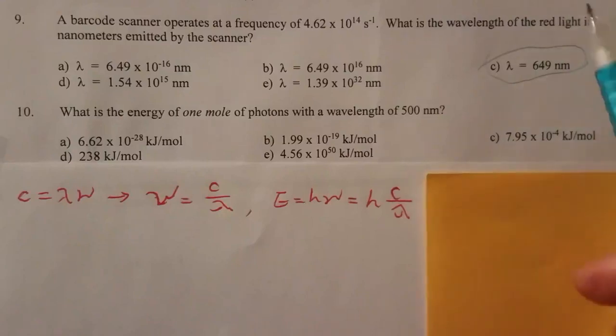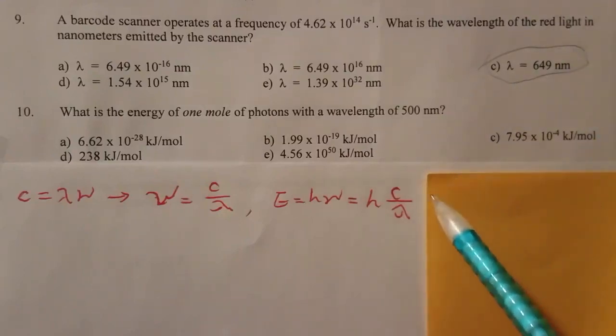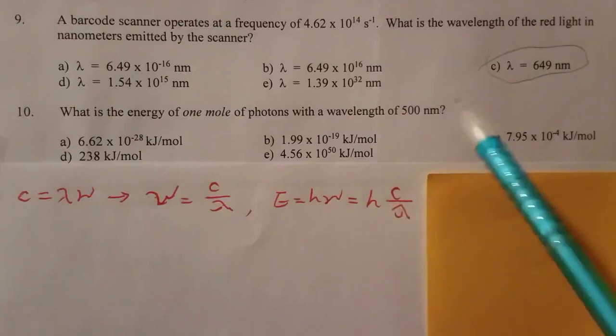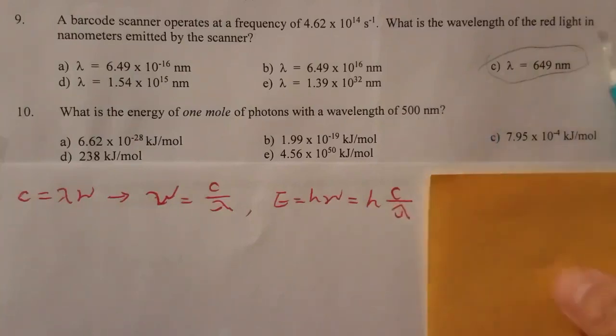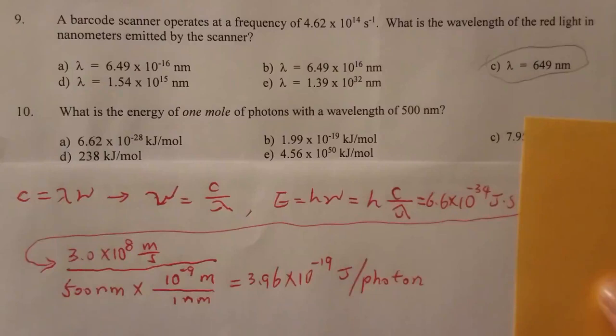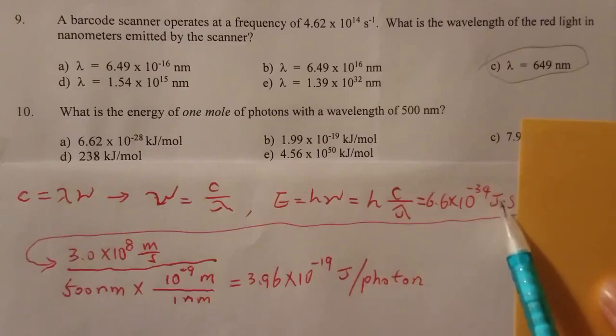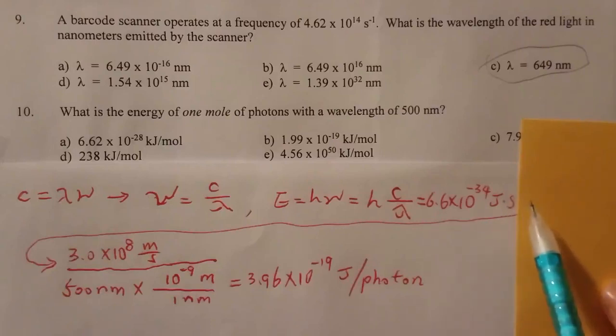Now we are ready to do the calculations, because we know c and h, both constants, and lambda is given in this question. For h, we just put the number right here, the Planck constant, and make sure the units are joule times second.